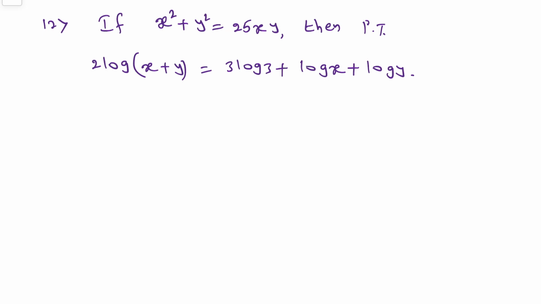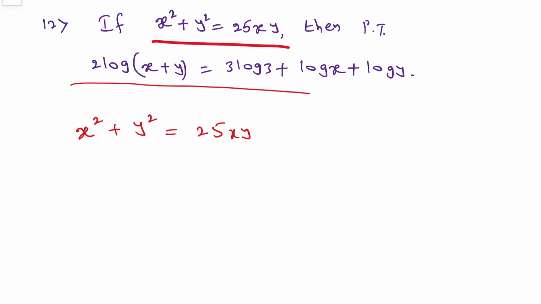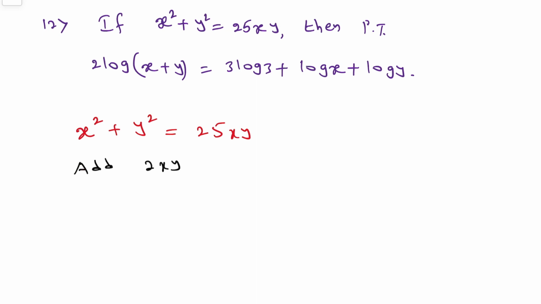Now let's take the given equation, x square plus y square equals 25xy. Whatever is being asked to prove, every term is a positive term, right? So add 2xy on both the sides.